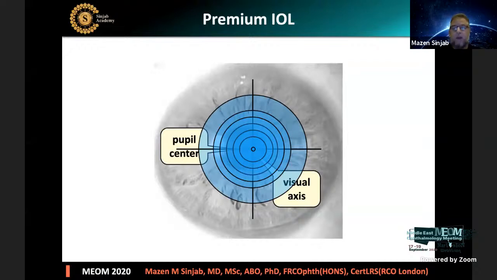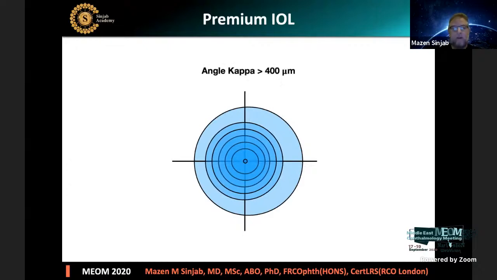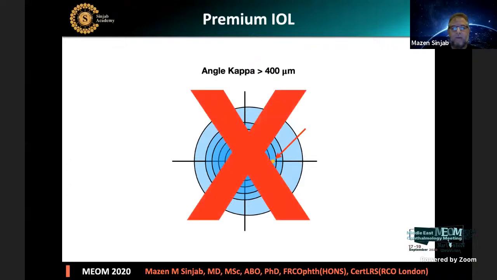So if the angle kappa is very large, more than 400 microns, and we put the lens, even if we try during the operation to centrate it with the Purkinje, it will not respect this, and the patient will suffer from dysphotopsia, which is a very main reason of lens extraction later because of the disabling dysphotopsia.